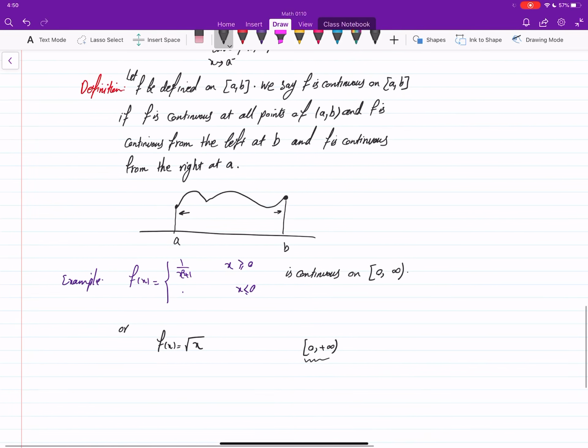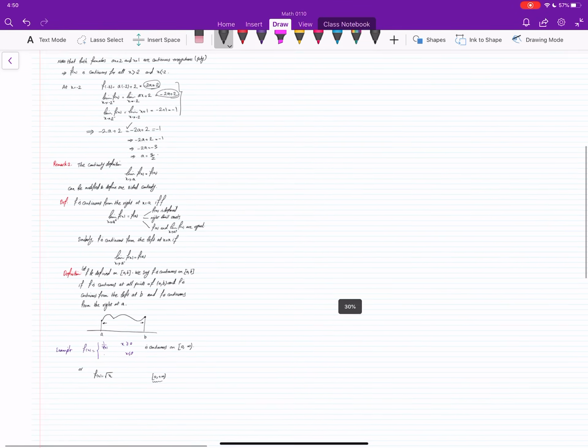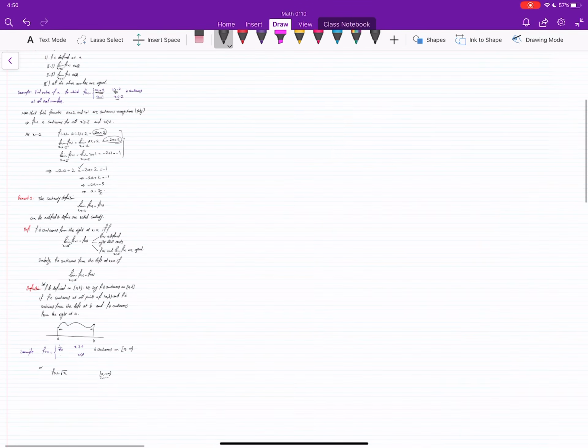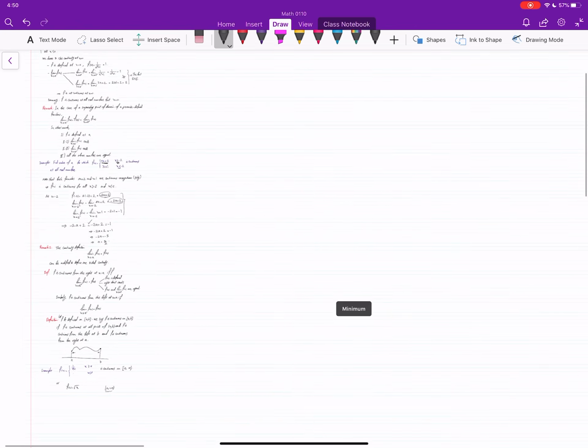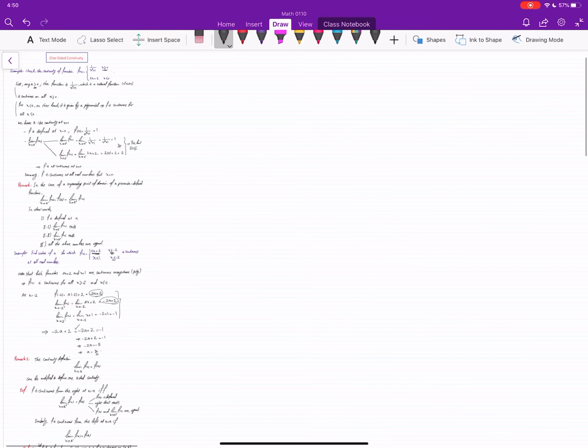This was about one-sided continuity, which matters when studying the continuity of piecewise defined functions, where we saw we have to bring in the right limit and left limit in those examples.